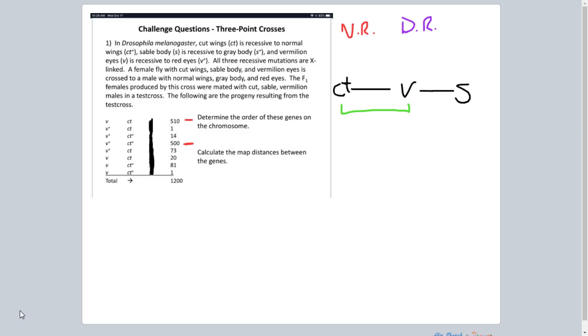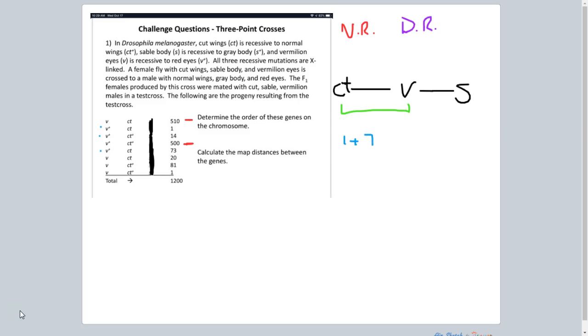So as I go down the list, I see that a dominant V with a recessive CT, well, that's certainly different than either of the non-recombinant linkage patterns, so I'm going to count that. Dominant V with a dominant CT, that matches, so I'll ignore it. A dominant V with a recessive CT, well, that's different, so I'm going to count it.